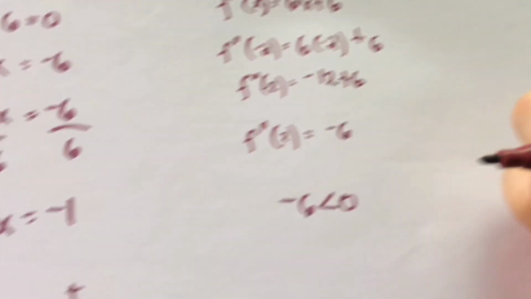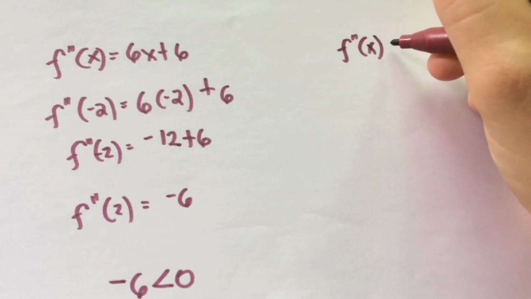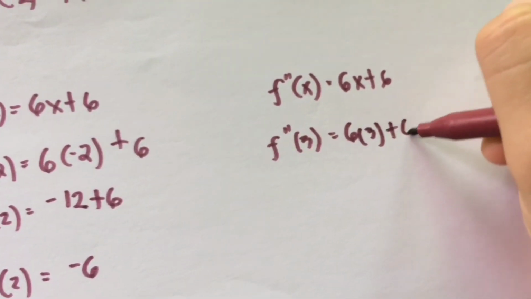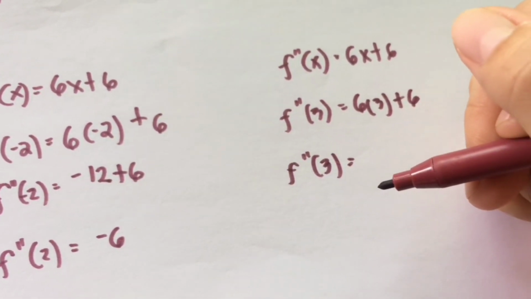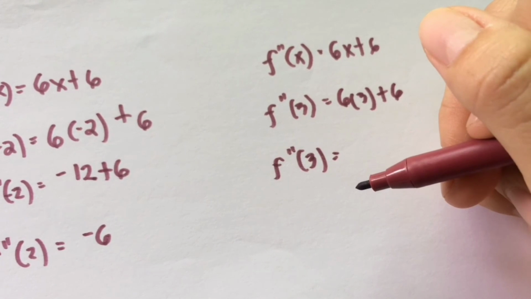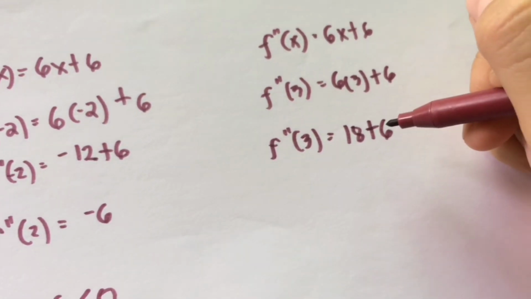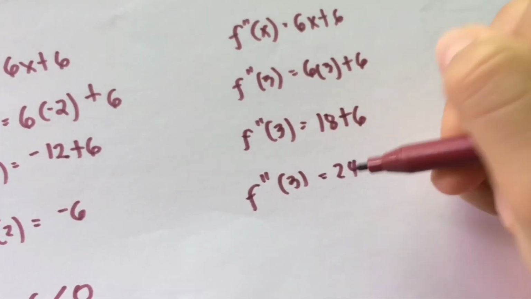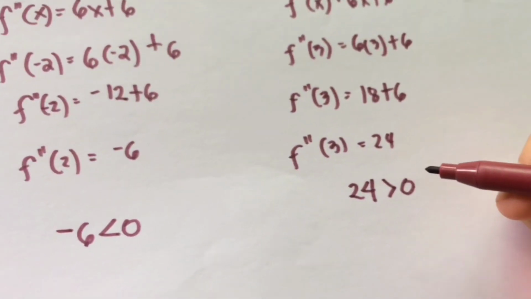And then we will substitute positive 3. So we have here 6 times 3 plus 6. 6 times 3 is equal to 18, plus 6. 18 plus 6 is equal to 24. So 24 is greater than 0.